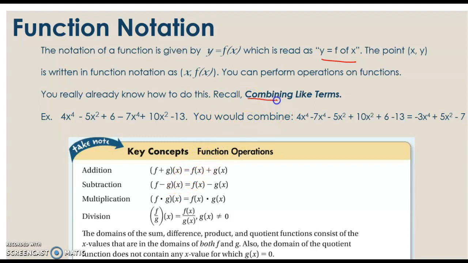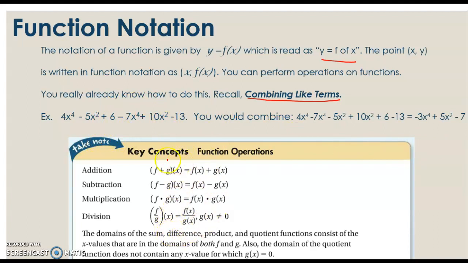It's kind of like combining like terms. When we had started out, you had this plus this, and you would just put together the things that matched. 4x to the fourth with the 7x to the fourth, negative 5x squared, 10x squared, 6, and negative 13.